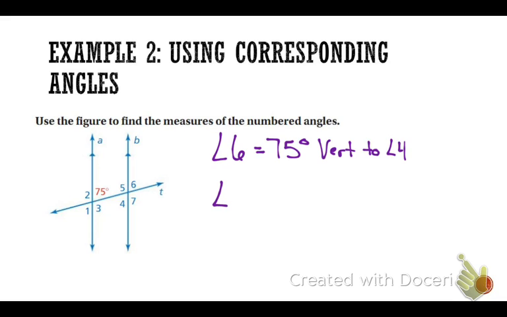All right, and what is angle 7? 105, and why? Corresponds with 3, vertical to 5, supplementary to which ones? Angle 6. And angle 4. 4. Okay.